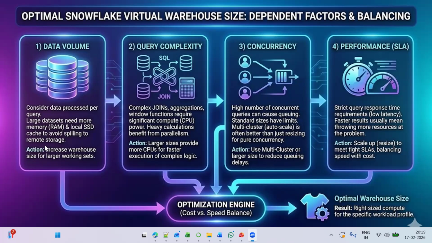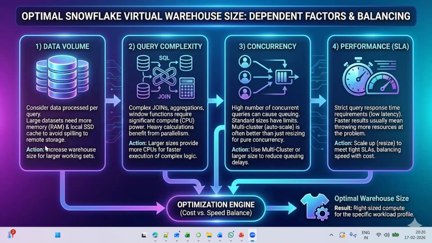So query complexity will be one of the biggest challenges, which requires high computing capacity, because heavy calculations benefit from high compute being available. Larger warehouses provide more CPUs and faster execution for complex logic. We need to see that a larger size is important based on the query complexity.